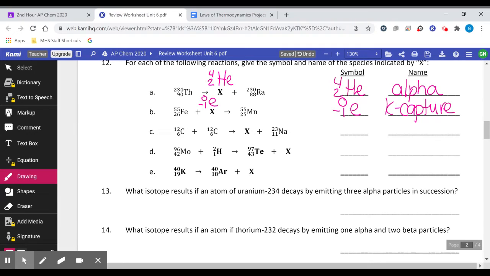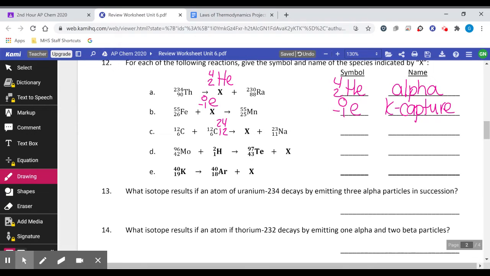For part C, we have our X on the right side of our equation. We have a 12 and a 12 over here for these carbons, which I like putting my totals there. So I have a 24 for the top, and a 12 for this bottom. And so what must be the top number for X over here?